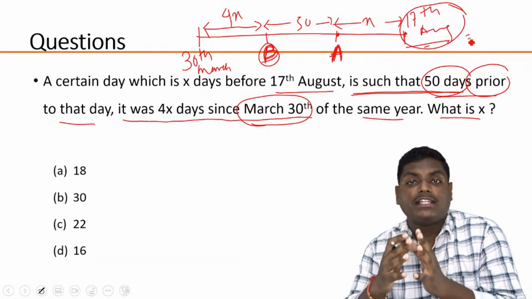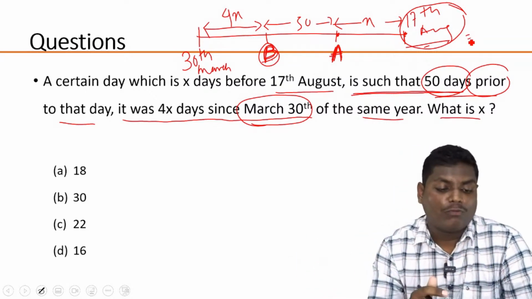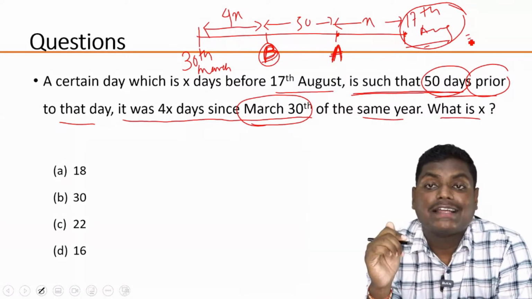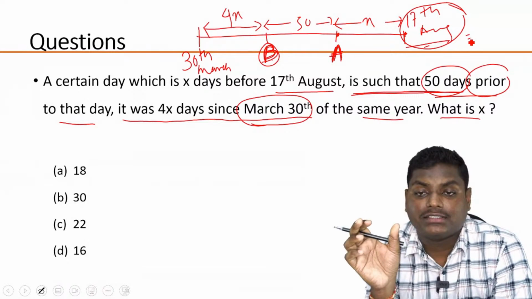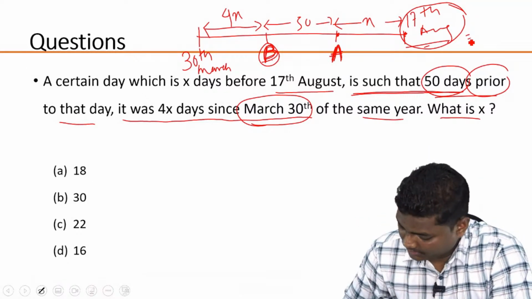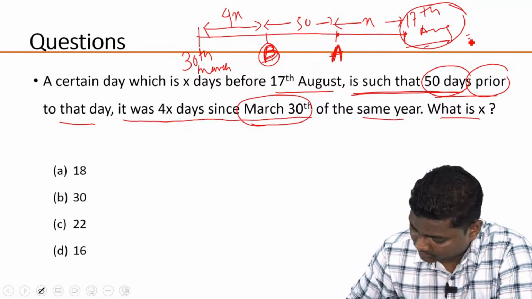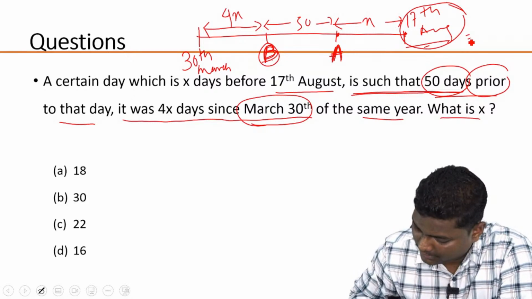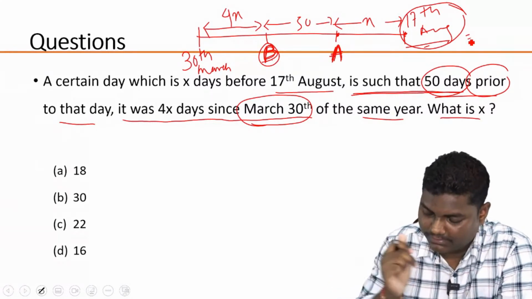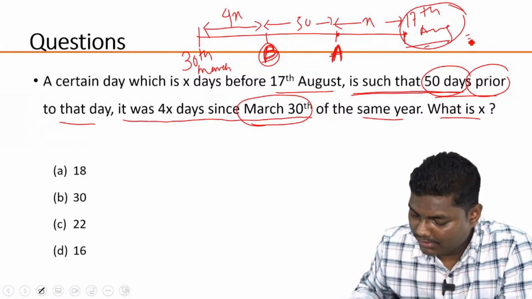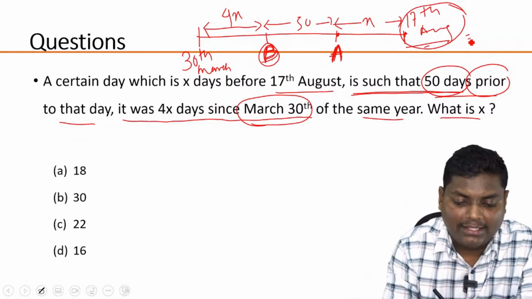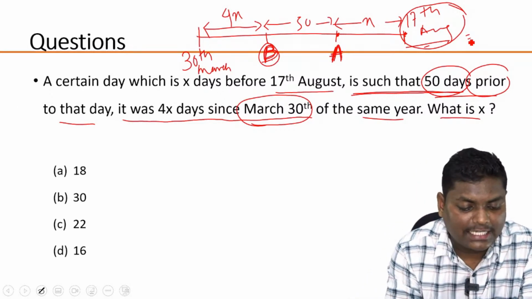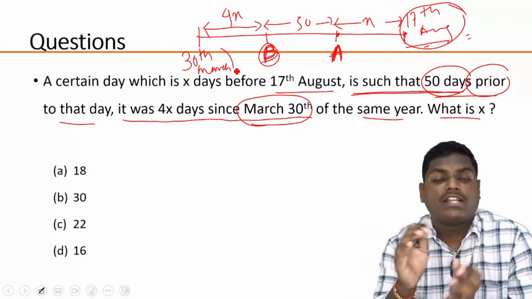You need to find the number of days in this period from 30th March to 17th August. So just you can add what we are having. It is asking since 30th March, so 30th March you just leave.